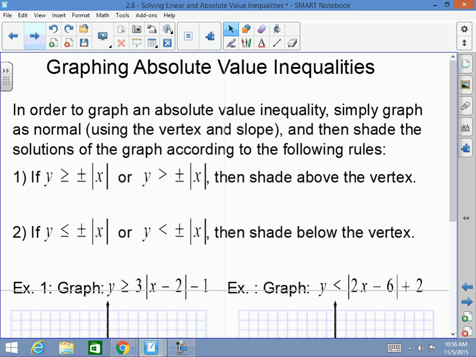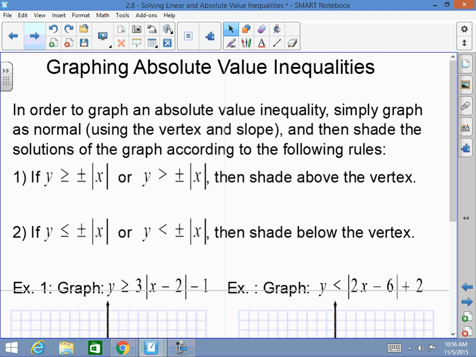If y is greater than or equal to plus or minus absolute value of x, or just greater than plus or minus absolute value of x, you're going to shade above the vertex. Above the vertex. If y is less than plus or minus the absolute value of x, then you're going to shade below the vertex.